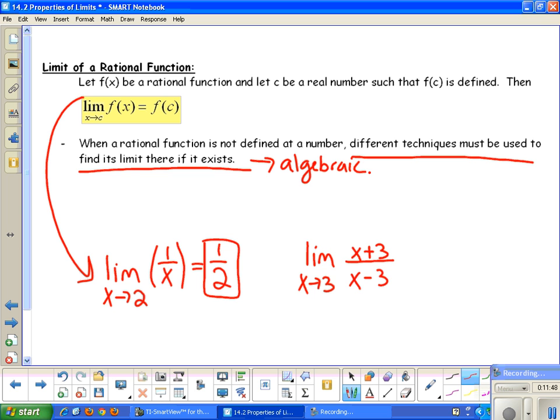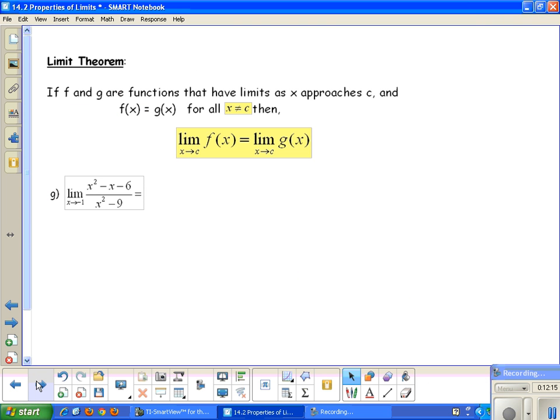If I plug 3 into this equation, notice I would get 3 plus 3 over 3 minus 3, and this value is going to give me 6 over 0. However, notice that I can't divide by 0. So this is what I was saying, that there are going to be some other techniques that we'll do in order to solve and find the limit for this problem.